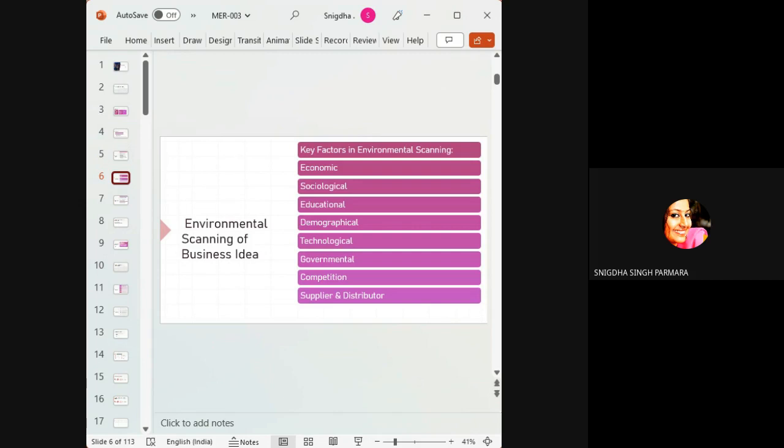So we had discussed economic, which basically deals with the present state of economy, whether there is recession in the country or whether there is inflation in the country, what is the GDP growth rate, what is the rate of capital formation, what is the export promotion and import substitution position, what is the balance of payment situation, what will be the impact of world trade on the domestic market. All of this is among the other factors to be considered under economic situations.